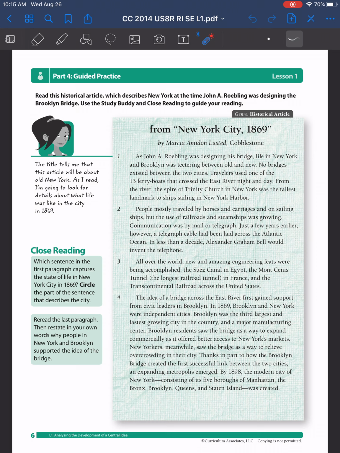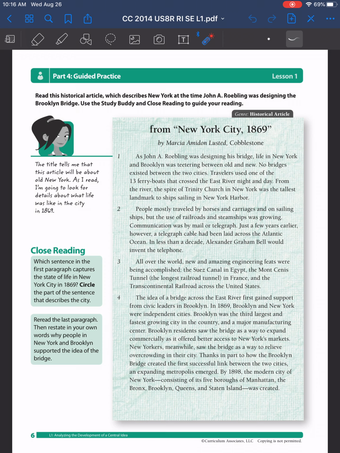New Yorkers, meanwhile, saw the bridge as a way to relieve overcrowding in the city. Thanks in part to how the Brooklyn Bridge created its first successful link between the two cities, an expanding metropolis emerged. By 1898, the modern city of New York consisted of 5 boroughs: Manhattan, the Bronx, Brooklyn, Queens, and Staten Island were created.